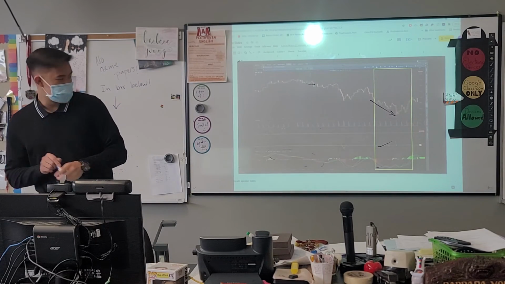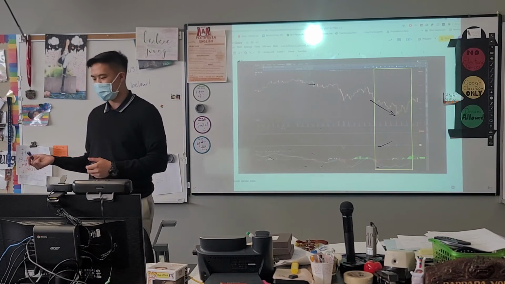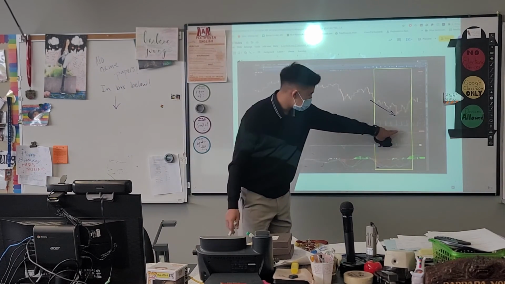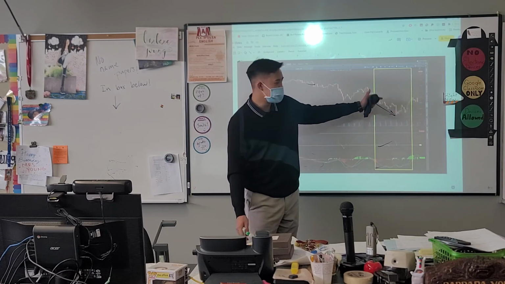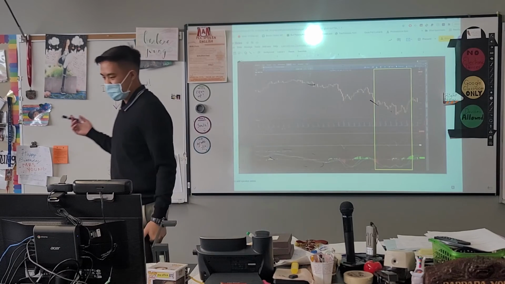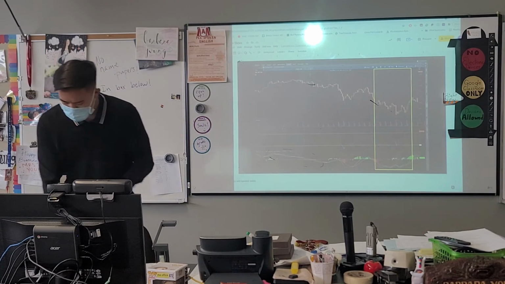With that positive divergence, you can expect the price to rise in the near future. Because the momentum is heading up, eventually the price will match the momentum, having the price rise.